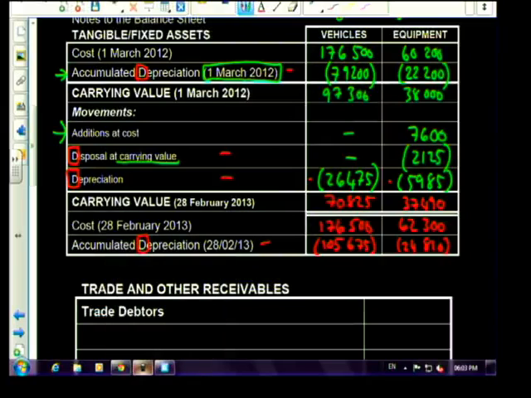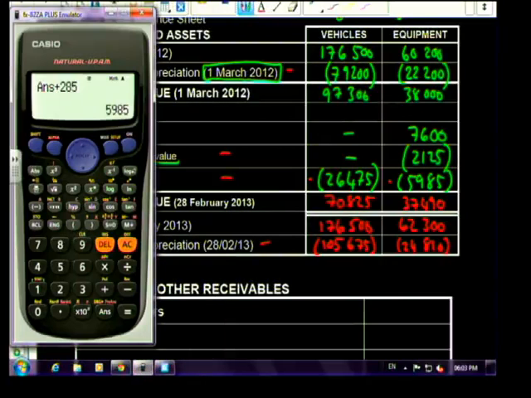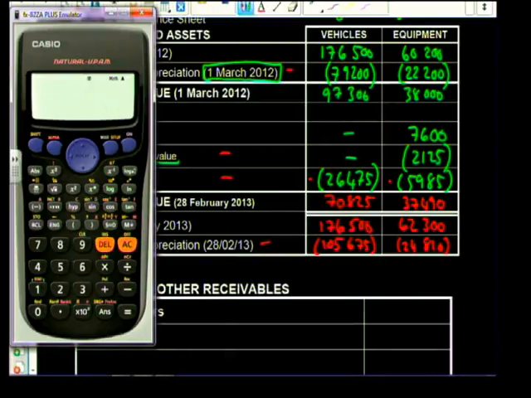So if I want to work out my total depreciation, I'm going to take my figure of 26,475. To that, I'm going to add my depreciation of 5,985, and that gives me my total depreciation for the year of 32,460.